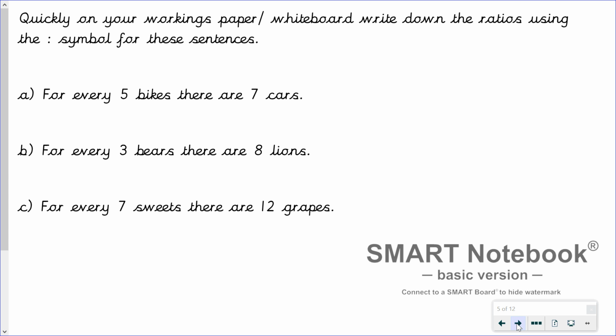Right, so really quickly, we should have had 5, the colon and 7, 3, the colon and 8, and 7, then the colon and 12. So you just replace for every and put the colon in between the two numbers.